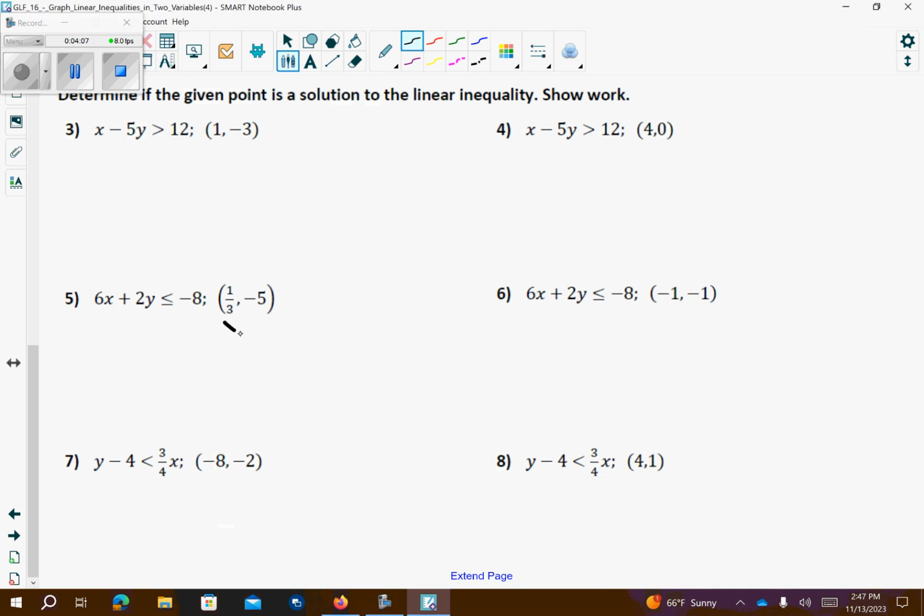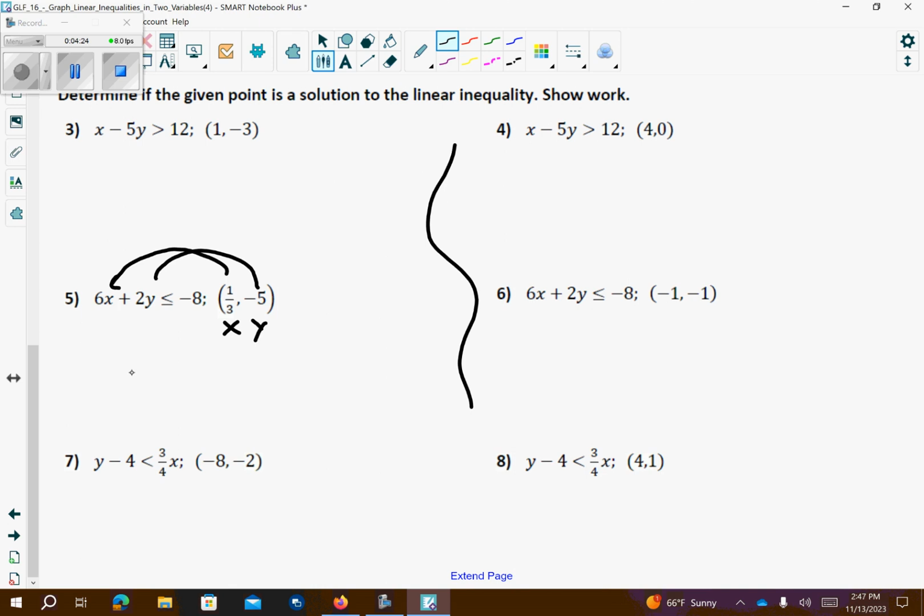Number 5, that's x, that's y. So I'm going to plug my x value in here, my y value here. This is going to give me 6 times 1/3 plus 2 times negative 5.